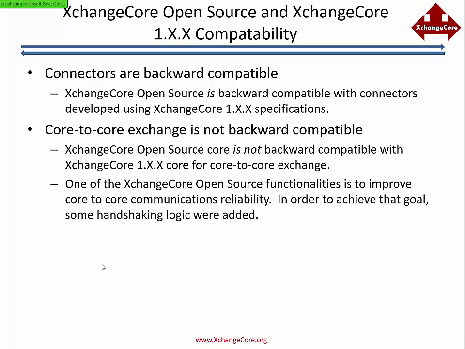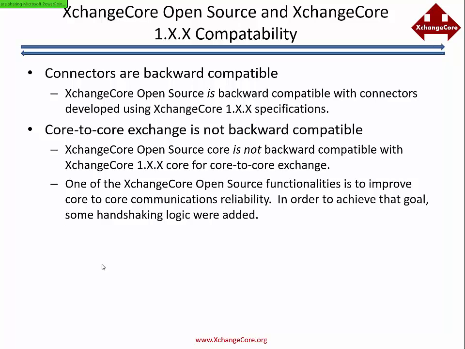Those 1.3.3 connectors you have, they work with 2.0. No problem there. Where it is not backward compatible is between the cores, in core-to-core sharing. So if you have 3 jurisdictions that are working together, you should not upgrade one of them to the 2.0 core, because it's not going to work on core-to-core sharing with the others.